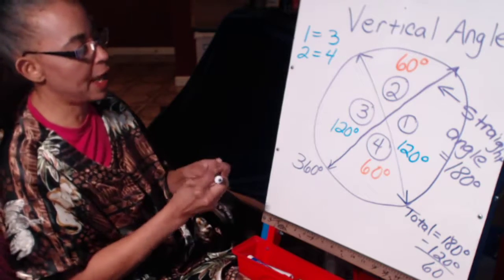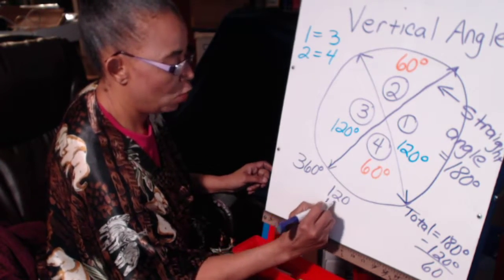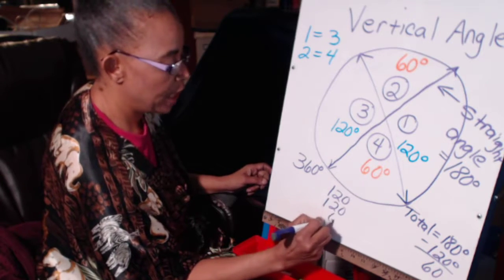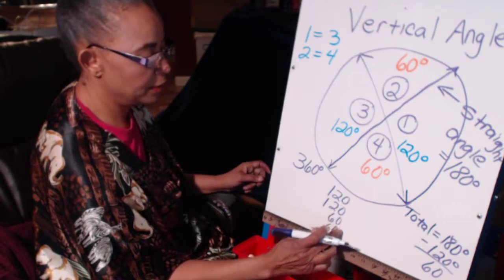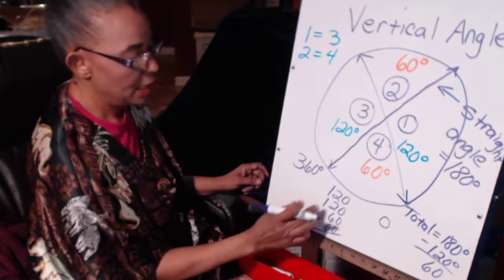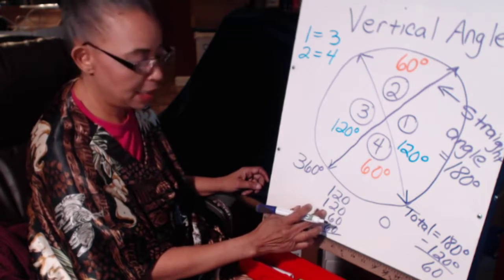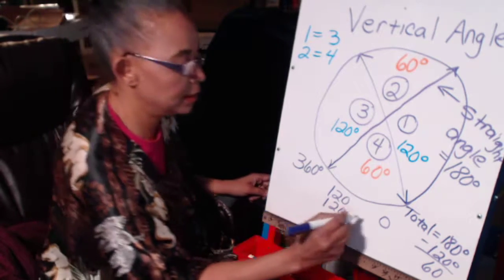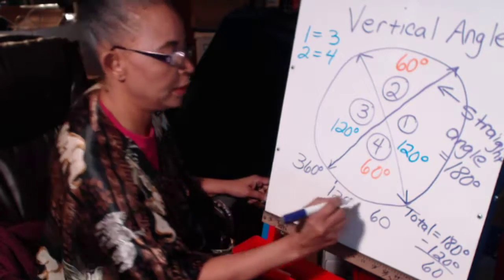So let's see what happens. We have 120 and 120. Then we have 60 and 60. So 0, 0, 0, 0 is 0. Then 2 plus 2 is 4. 4 plus 6 is 10. 10 plus 6 is 16. So that's 6 and we carry the 1. 1, 2, 3.